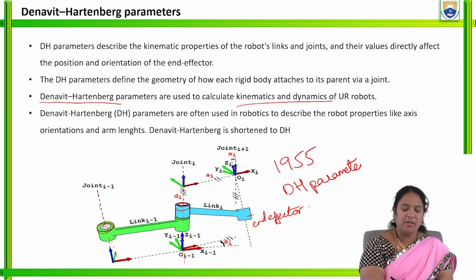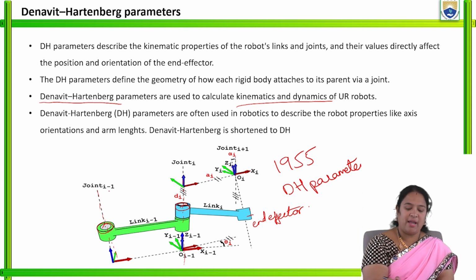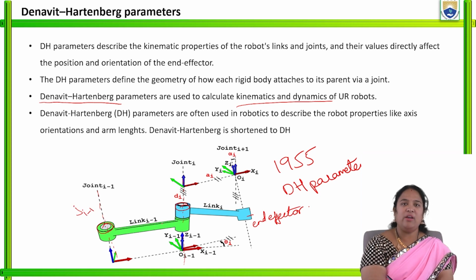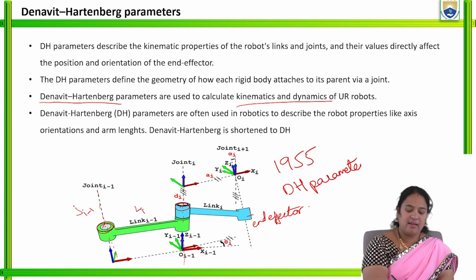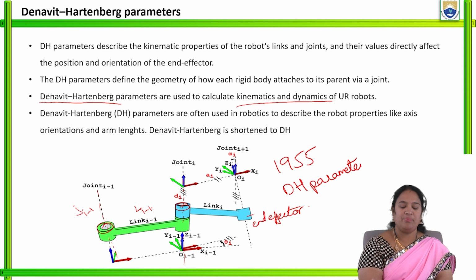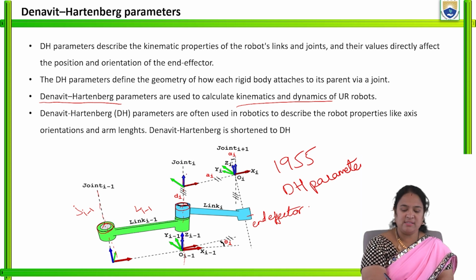Now, for the first joint, we take the term J i minus 1, and for the link, we take the term L i minus 1. This is the second joint, where it is J i, and this will be L i, where it is moving at an angle of theta i.